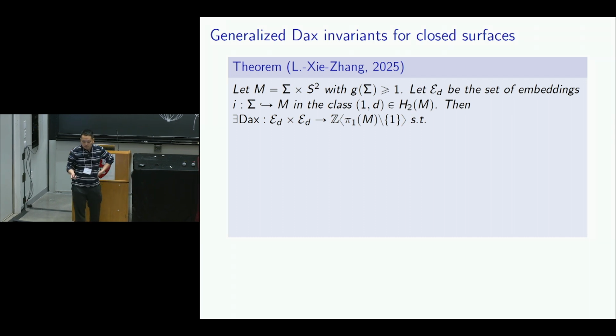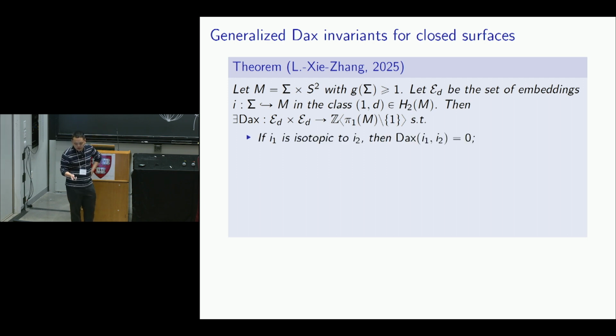Then it turns out that given any two surfaces in the same homology class, we can define a relative Dax invariant between these two surfaces, which satisfies some nice properties. First, it's invariant under isotopy.